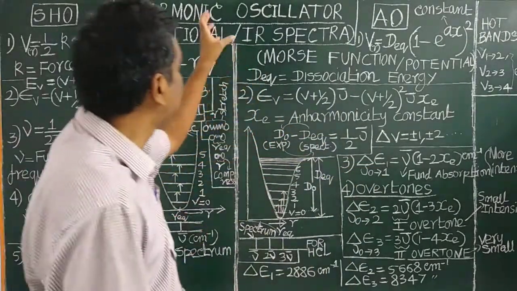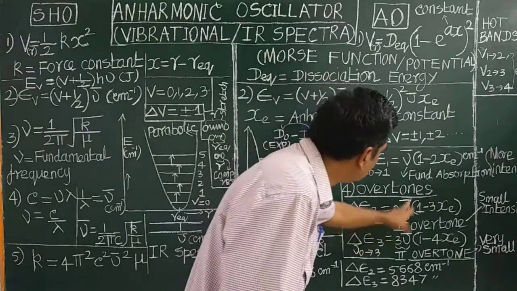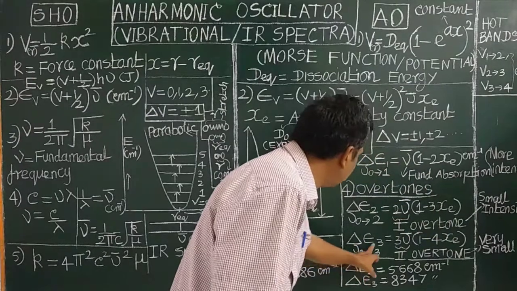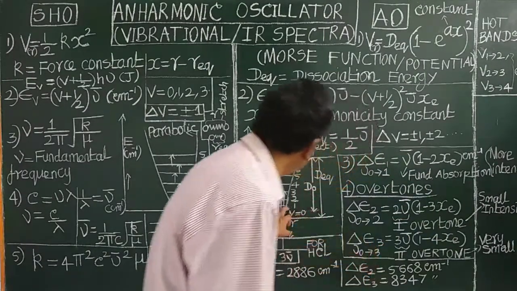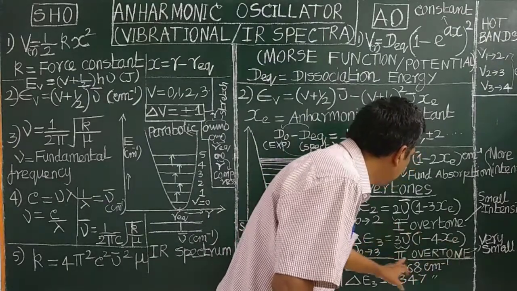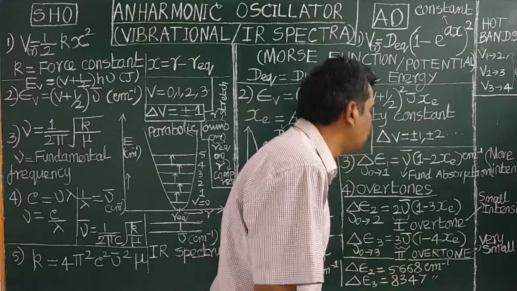Delta E2, similarly, you can calculate: 2 nu bar 1 minus 3xe, and delta E3, the 0 to 3 transition, is 3 nu bar 1 minus 4xe. Similarly, you can calculate for 0 to 4, the third overtone, etc.